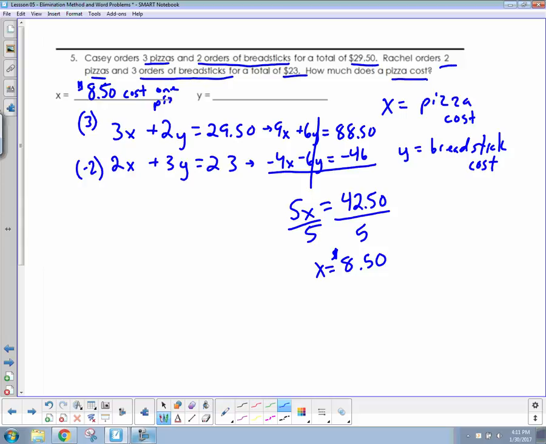All right, plug that back in so I can figure out how much the breadsticks were. So 2 times 8.50 plus 3y equals 23. 8.50 times 2, I think it's going to be 17. Yes, 17. Nailed it.